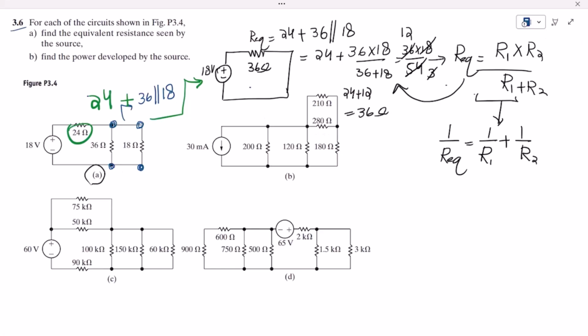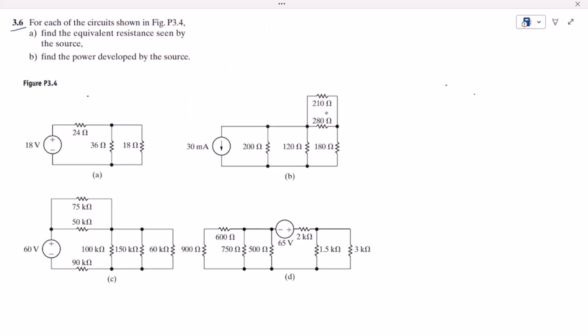In part B, let me first remove all of these. Here in this circuit, starting from the very end, we can see that these two resistors are connected in parallel because both of them are connected here directly. Therefore 210 is in parallel with 280.